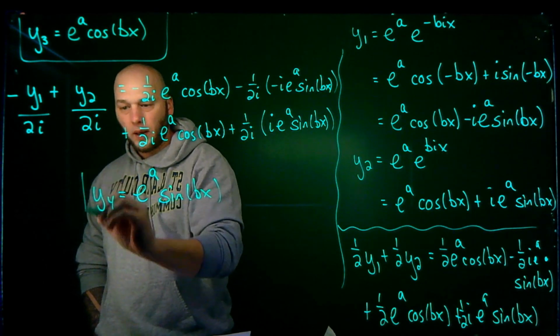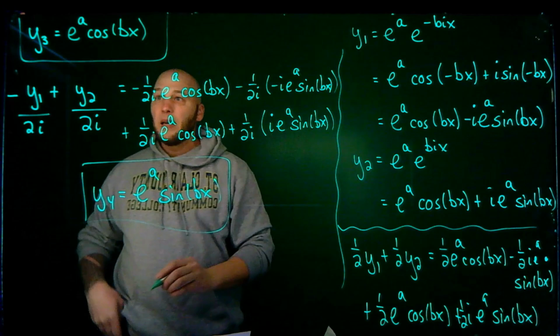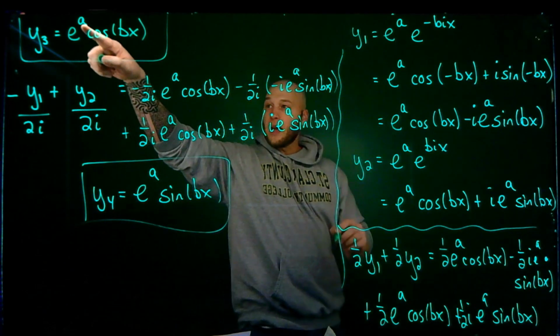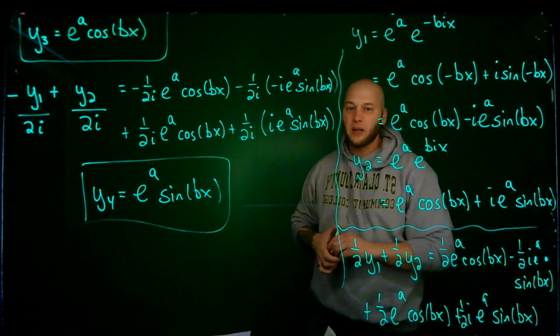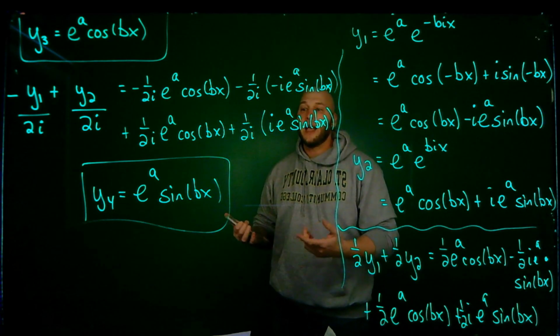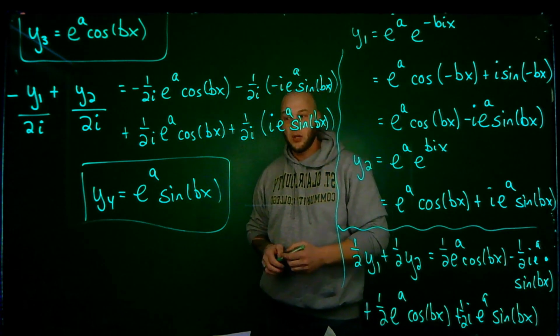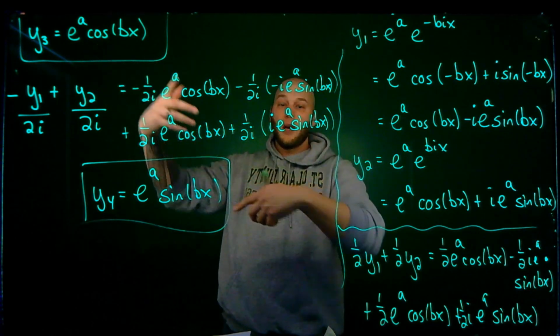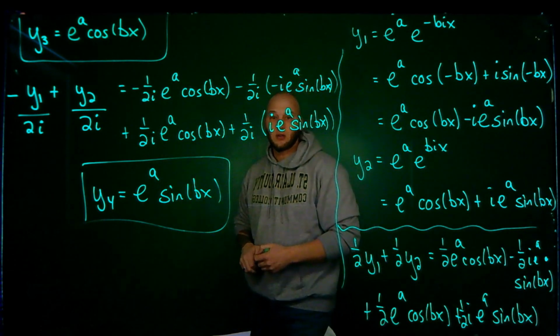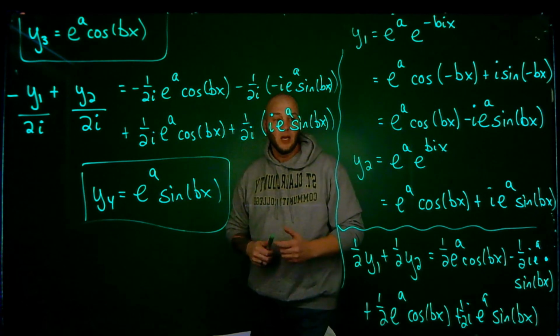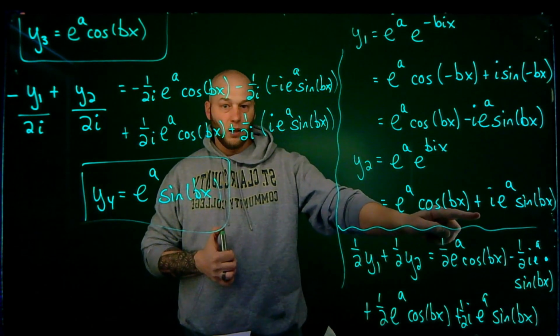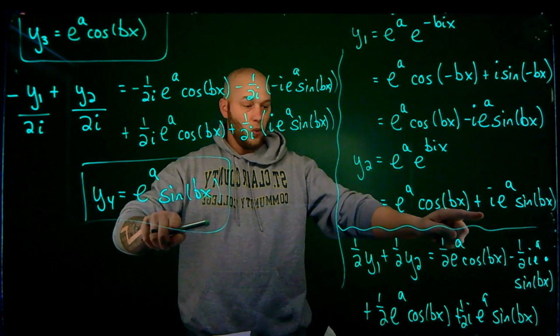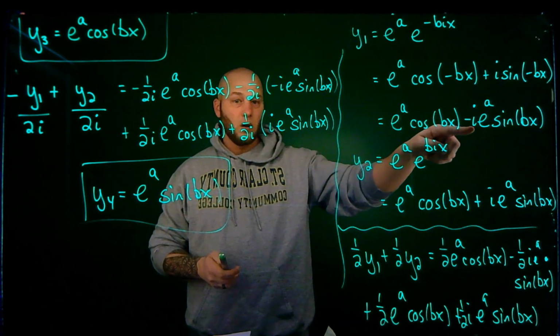Again, it's just another solution. Now e to the a cosine bx and e to the a sine bx are linearly independent, and they're both solutions to the differential equation, and therefore linear combinations of these two generate the entire solution space for the homogeneous equation. Notice if I go back to this here, this is just a linear combination of y3 and y4, as is this one right here.